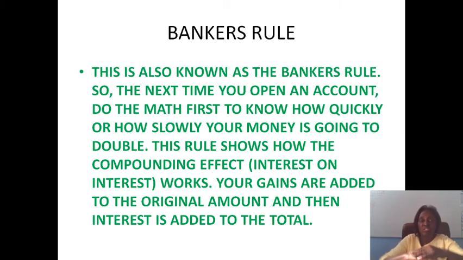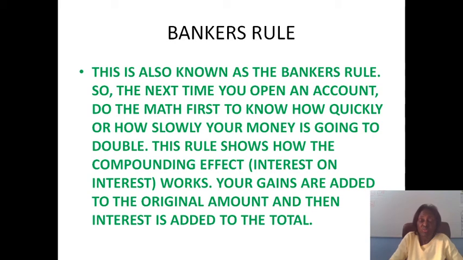Okay? So the Rule of 72, real simple to remember. 72 divided by your interest rate gives you the years. So just a little hint. If you're getting 1%, 72 divided by 1 is 72 years. 72 divided by 1% interest is 72 years.